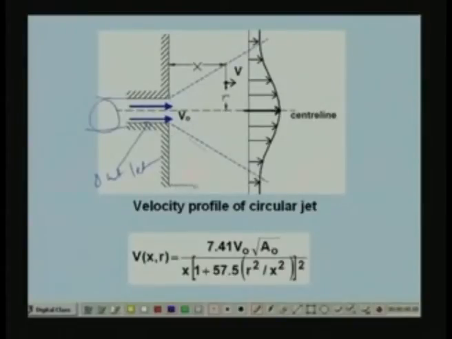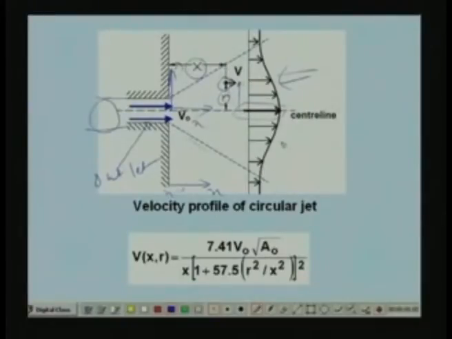If I define my x coordinate, at the supply air outlet x is 0, and r is like this, with the center line at r equal to 0. At any point defined by r and x, the velocity profile is given by this. You can see that the velocity varies in the r direction, and it also varies in the x direction. The center line velocity is always highest, and for a given x, as r increases the velocity reduces.